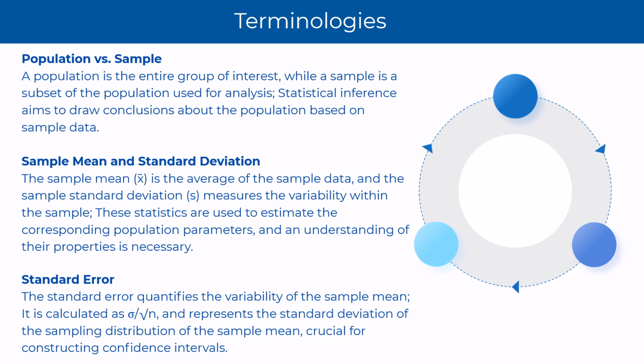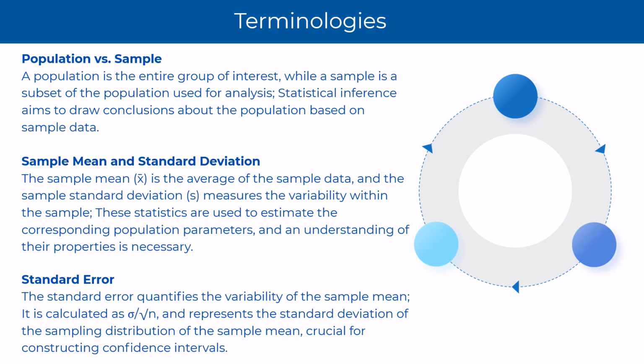As mentioned, say we get 10 students with their heights; the 10 students are the sample we get from the population. Statistical inference aims to draw conclusions about the population based on the sample data that we get from the samples.